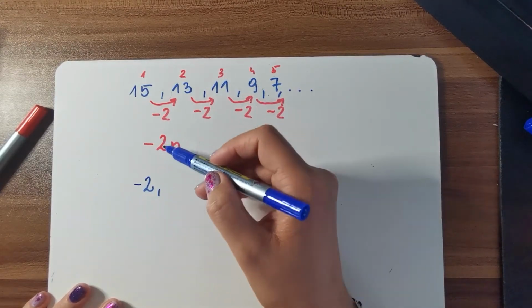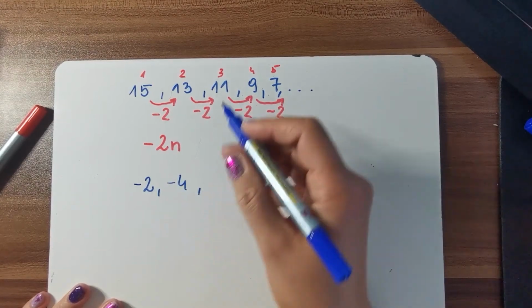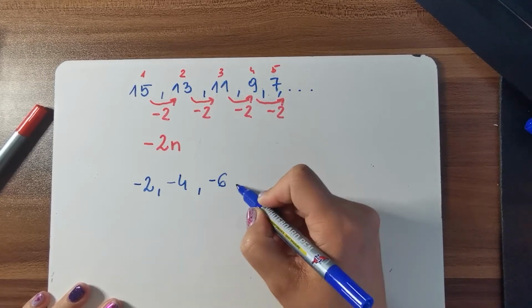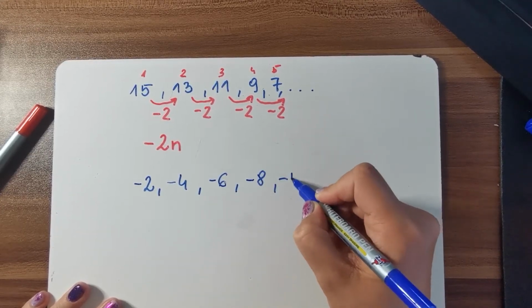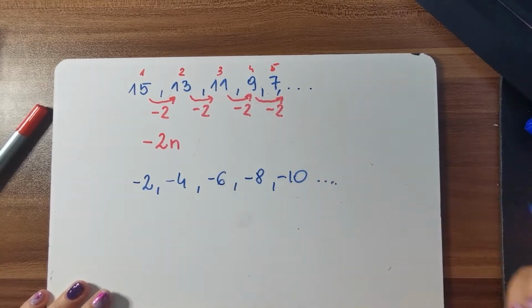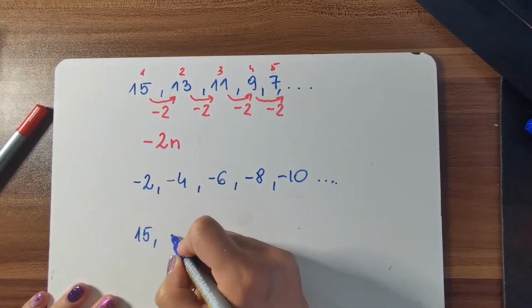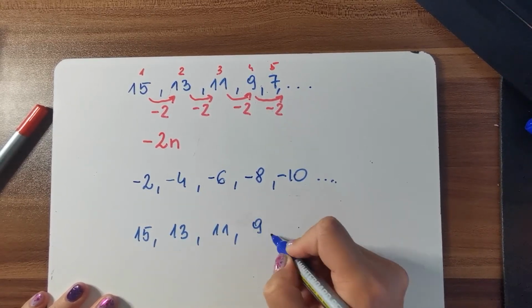On the second position, minus 2 times 2 is minus 4. Minus 2 times 3 is minus 6. Minus 8, minus 10, and so on. We will compare with the terms in our sequence: 15, 13, 11, 9, and 7.